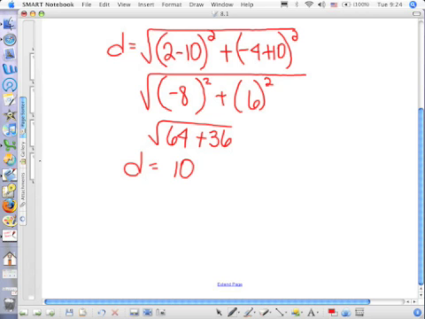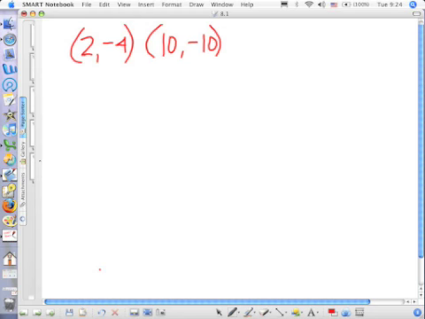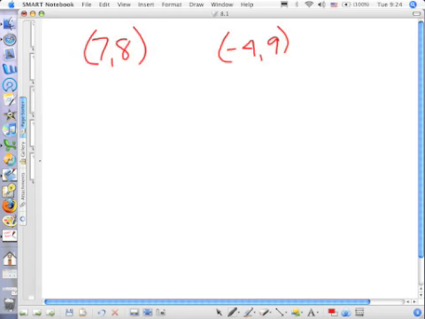Now your distances are not always going to be a perfect whole number. Okay? A lot of times you're going to get a radical. If you get a radical, just make sure it's reduced. We should remember how to do that. Okay, using the distance formula, find the distance between these 2 points.